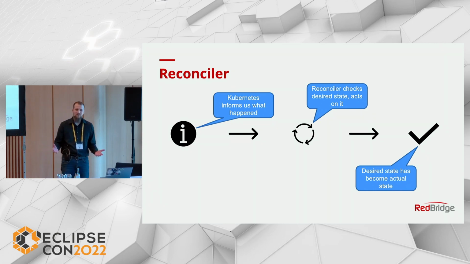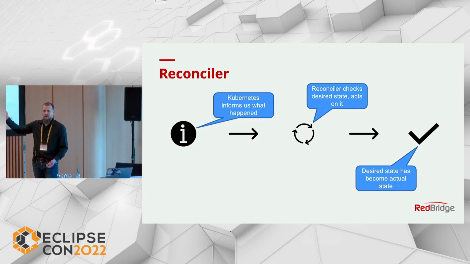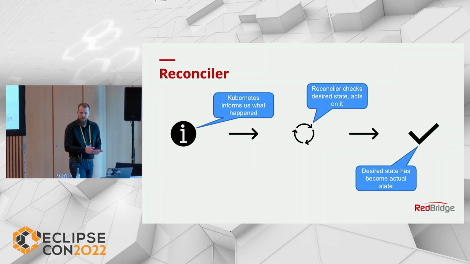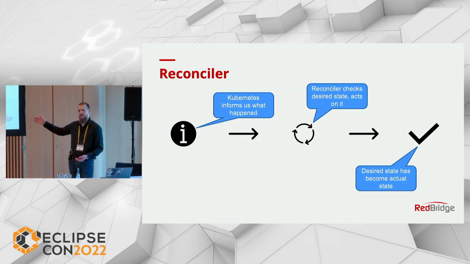We want to list all the pods that are in the cluster, and we want to know if something changes. So we are watching that resource. We are fetching the pods, and we keep watching to figure out, like, is something added, is something updated, is something deleted. Then in our own code, we are checking, like, what's the new desired state, and we will try to make it the actual state.